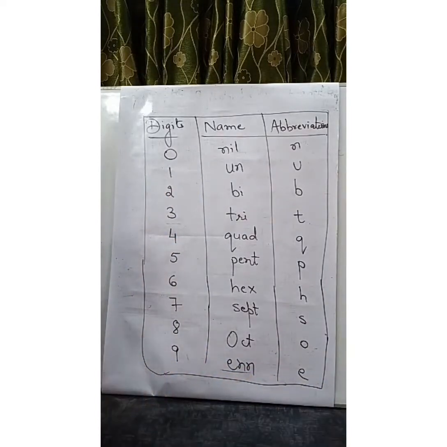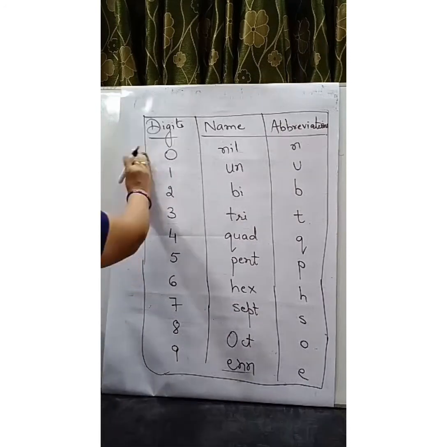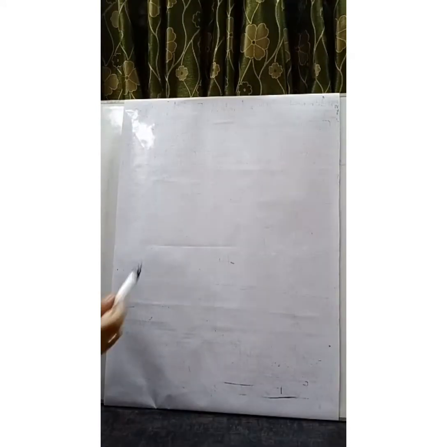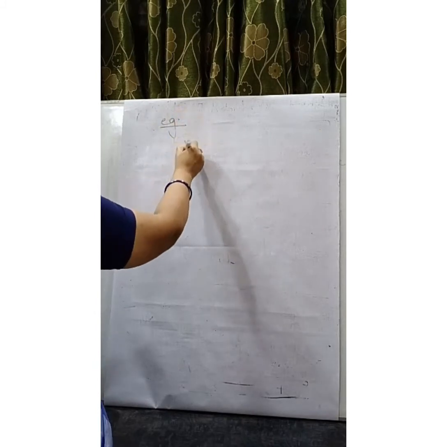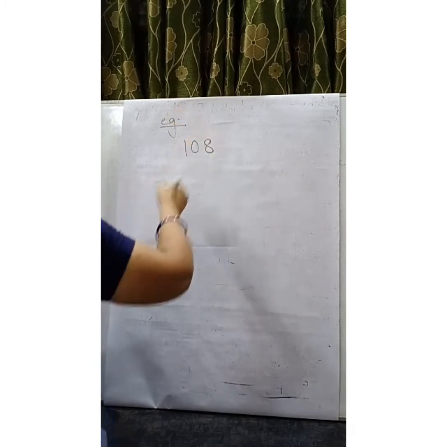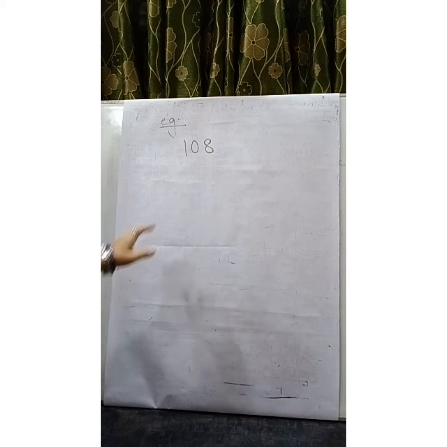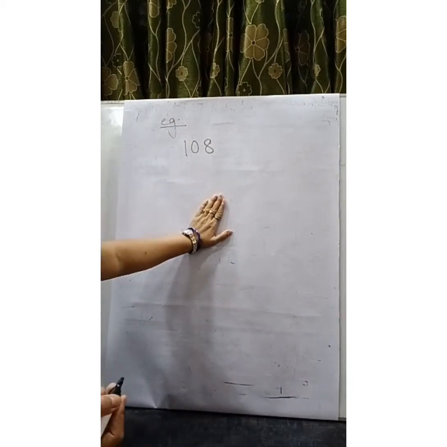Keeping this table in mind, let us see how to name the elements with atomic number greater than 100. For example, the element with atomic number 108 is named as per this nomenclature in the following way.